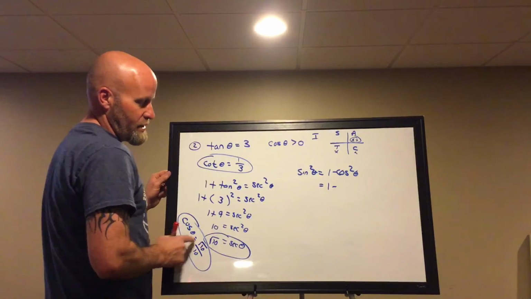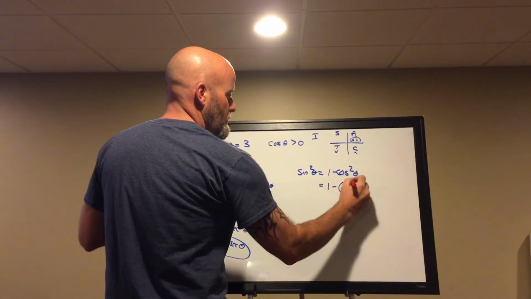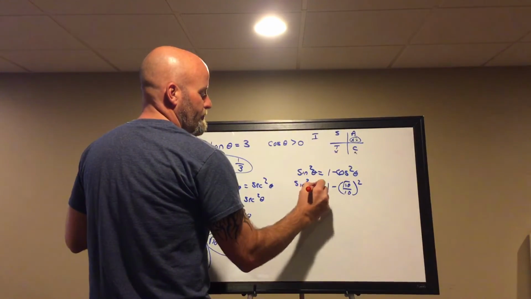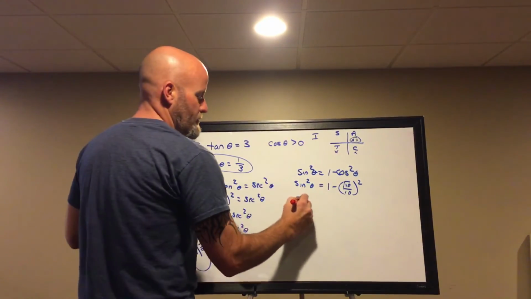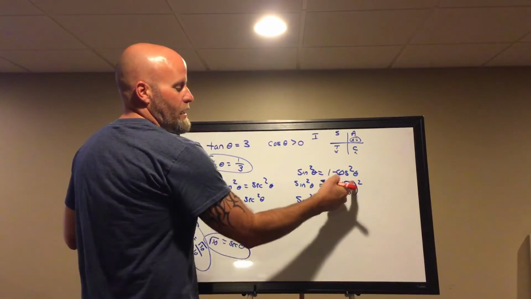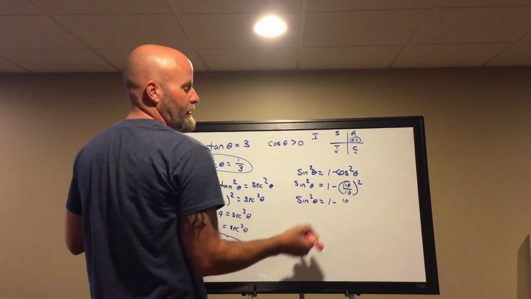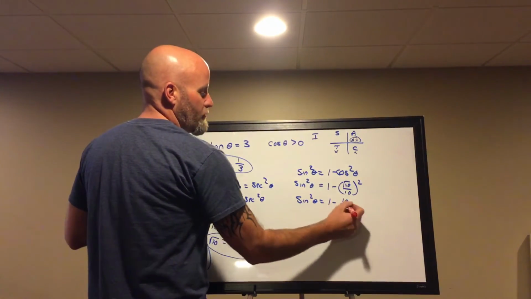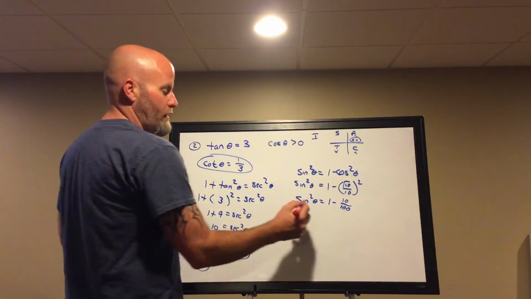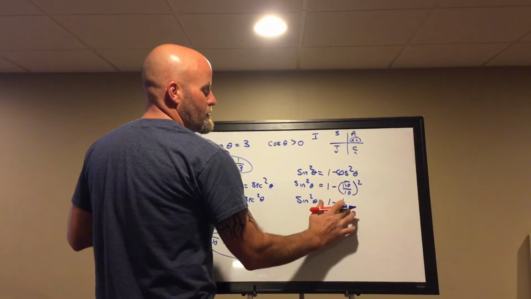Cosine is root 10 over 10, and we're going to square that. So sine squared theta, 1 minus. When you square the square root of 10, that's going to be 10, and then the 10 squared for my denominator is going to be 100. You can reduce that right now into 1/10, which is totally fine.